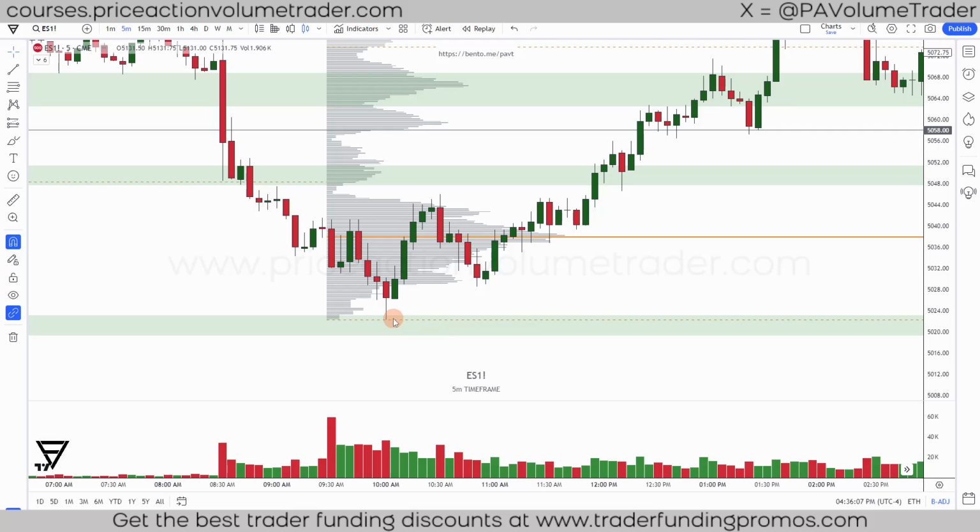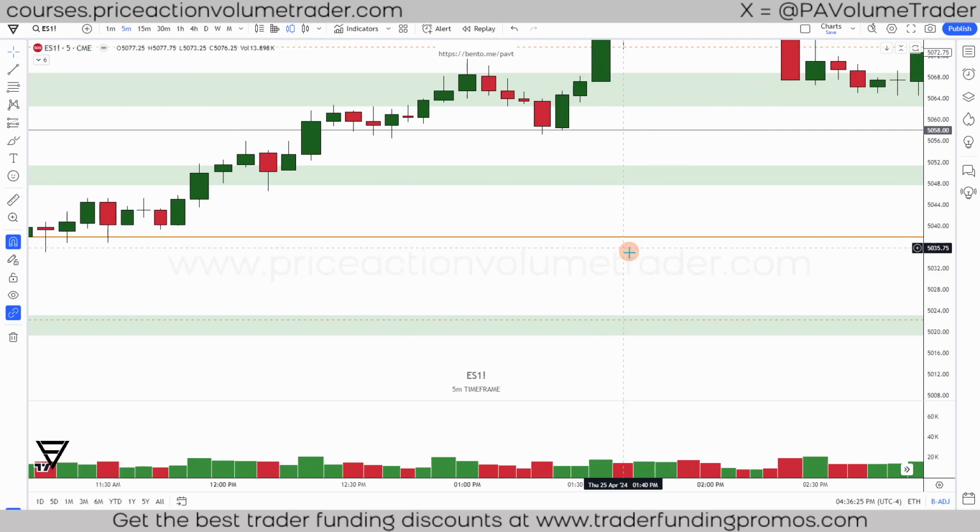And then we started forming this ascending triangle, just compressing to the upside until we had a breakout. We can use this tool as well to confirm that breakout by going into the volume candles.